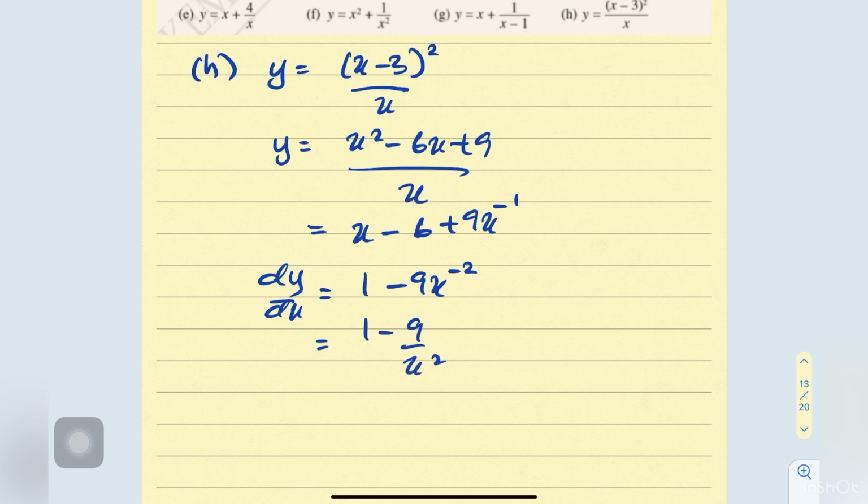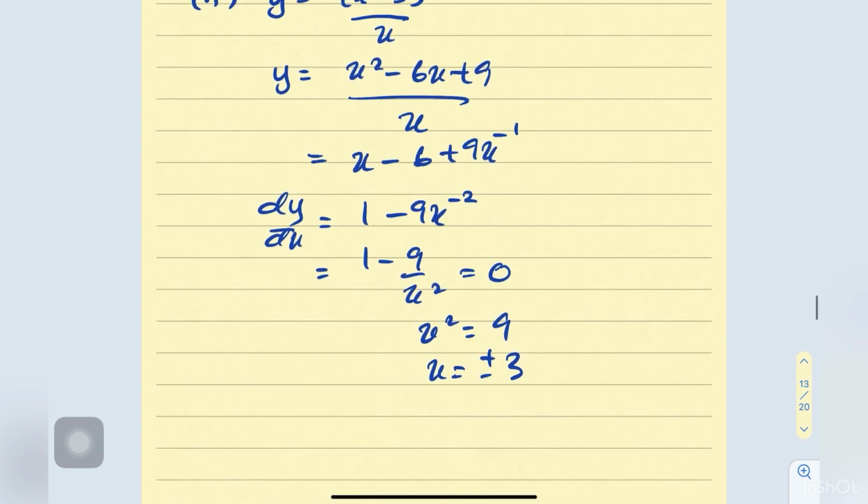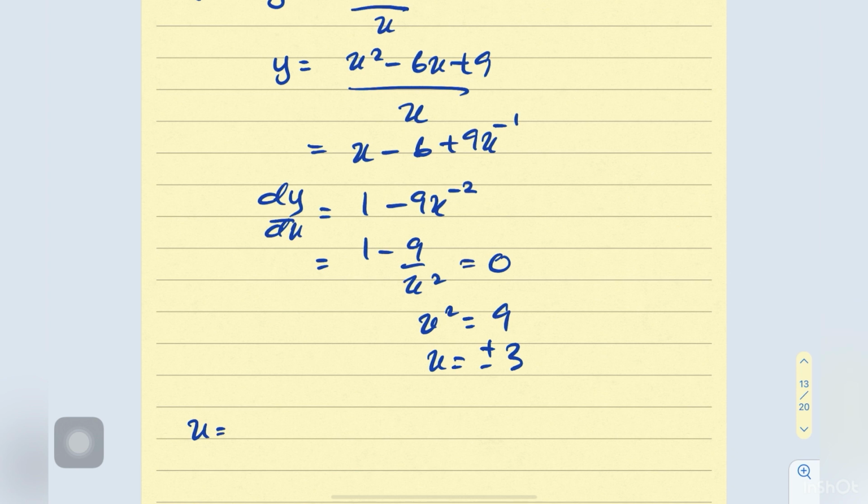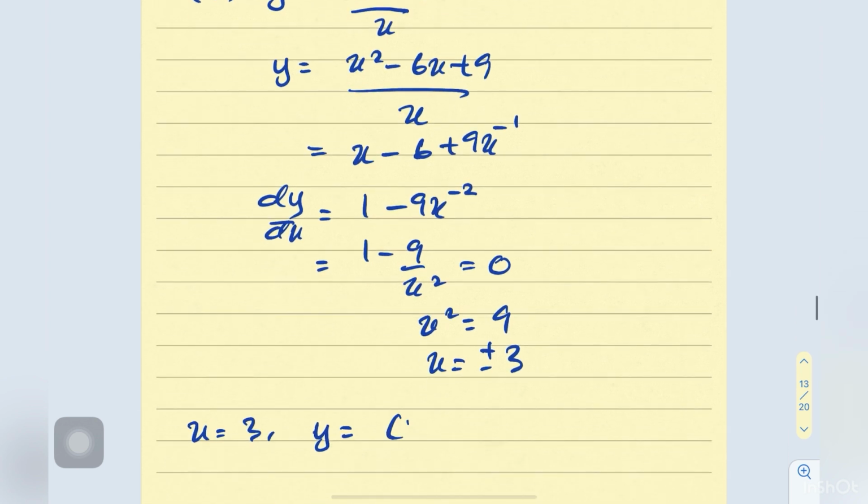Turning point, dy/dx equals 0. So x squared equals 9, x equals plus or minus 3. Then substitute into the equation. When x equals 3, y equals (3 minus 3) squared over 3, which is 0.